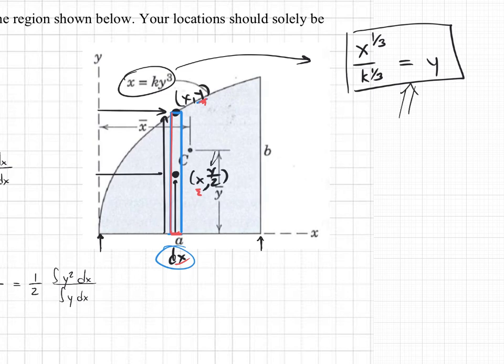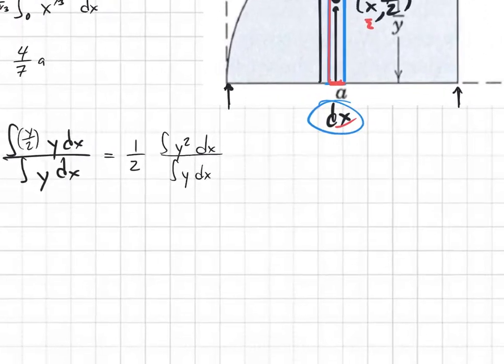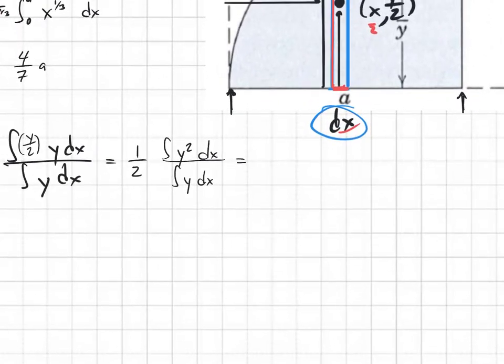So that's cool, but we need this equation right over here, because I want to turn y's into x's. So x to the 1/3 over k to the 1/3, which is totally annoying, equals y to the 1/2. One day I'm just going to give people a triangle. So it's the integral of, instead of y, x to the 1/3 over k to the 1/3 squared dx over the integral of x to the 1/3 over k to the 1/3, sorry, my apologies.